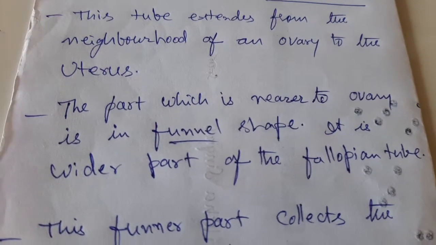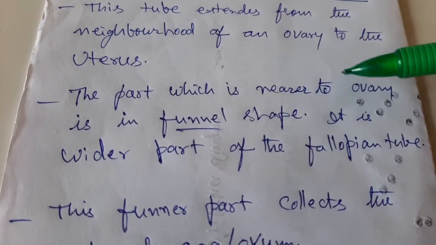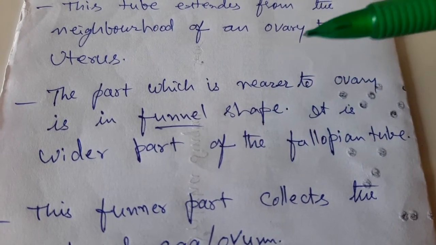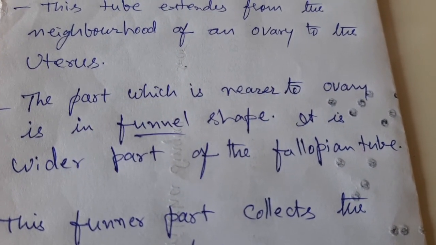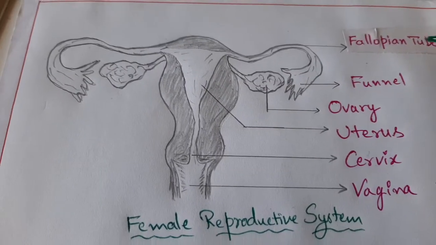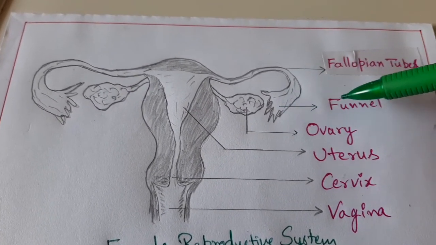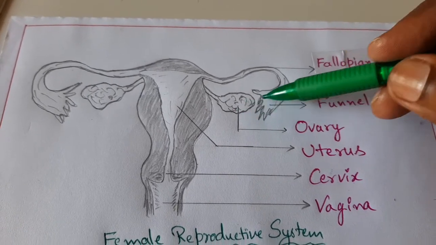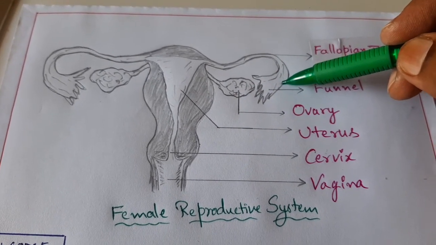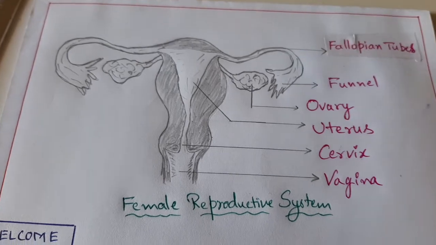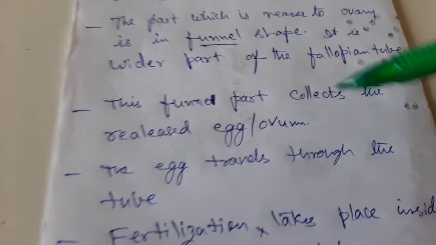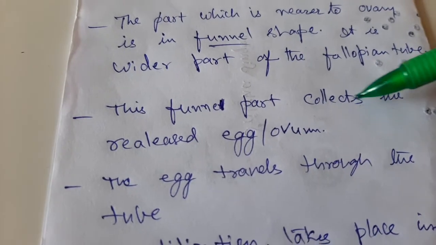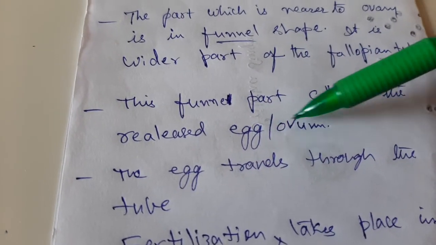Next point, the part which is nearer to the ovary is in funnel shape. It is the wider part of the fallopian tube. So students, observe here, it is funnel shape. It is the part which is nearer to this ovary. Okay. Come to next point. This funnel shape part collects the released eggs or ovum.